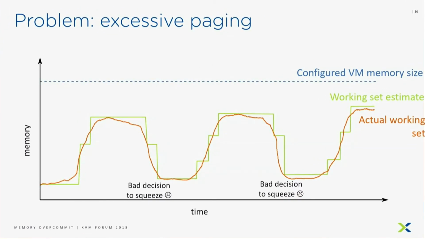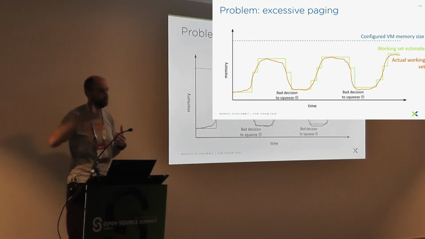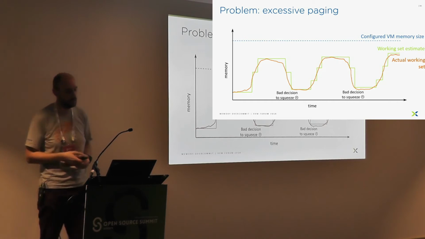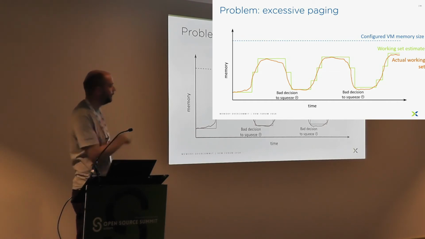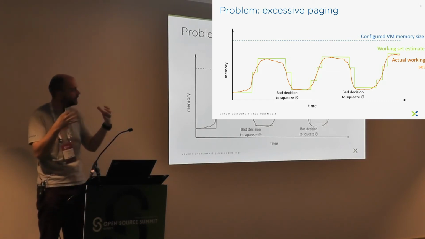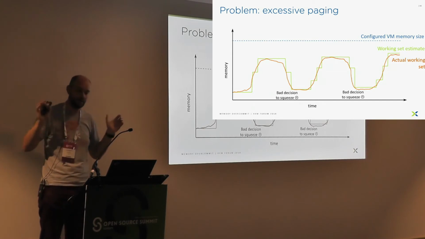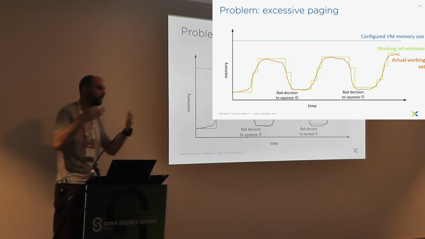As we've said before, we need to avoid paging as much as possible. Bringing pages in from swap is slow. It will impact performance. So this is a pathological example here where we've got a kind of cyclical workload where the VM is actively using some pages for some time and then has a bit of a rest, but then starts using them again, and then has a rest and starts using them again.